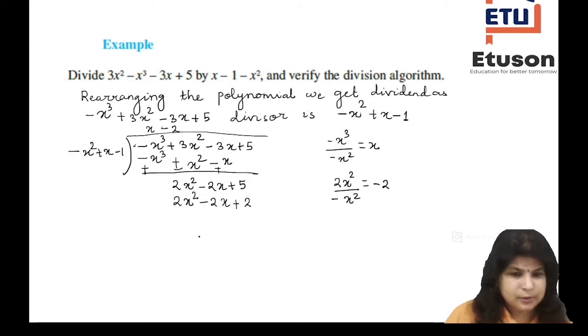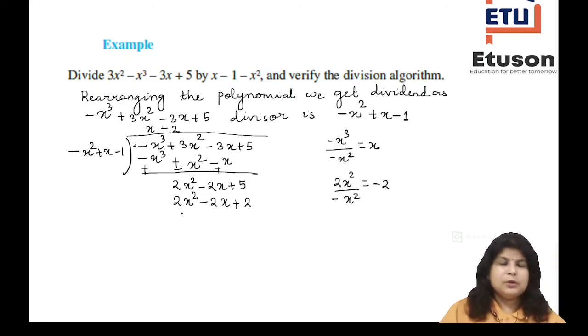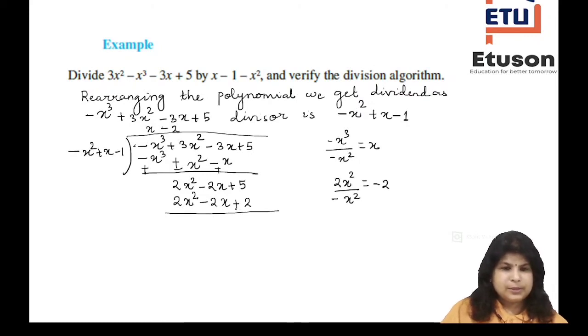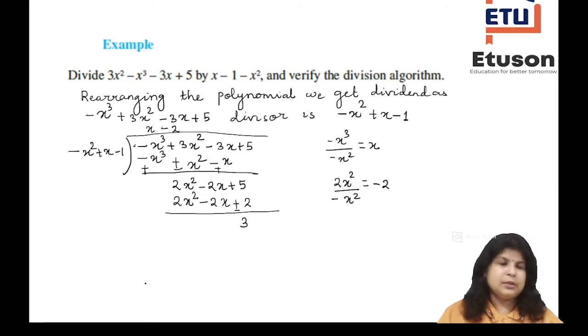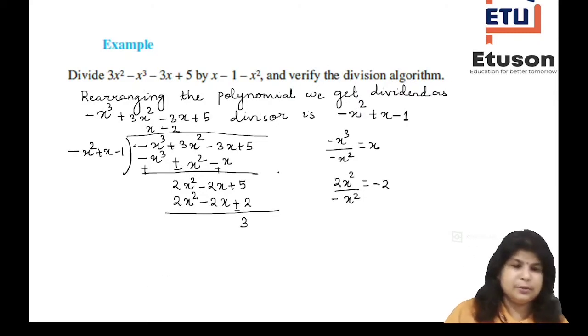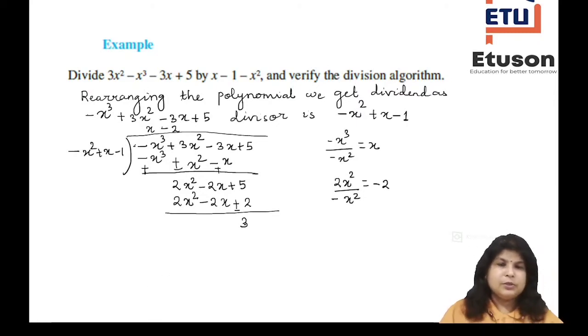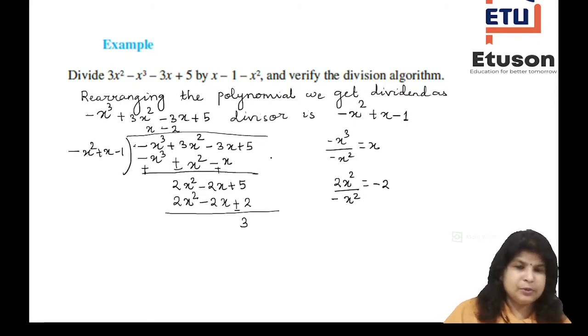Correct? Correct or not? So by subtracting, this is equal to 3. So your remainder is equal to 3. Now you have to check with your answer whether it is correct or not.